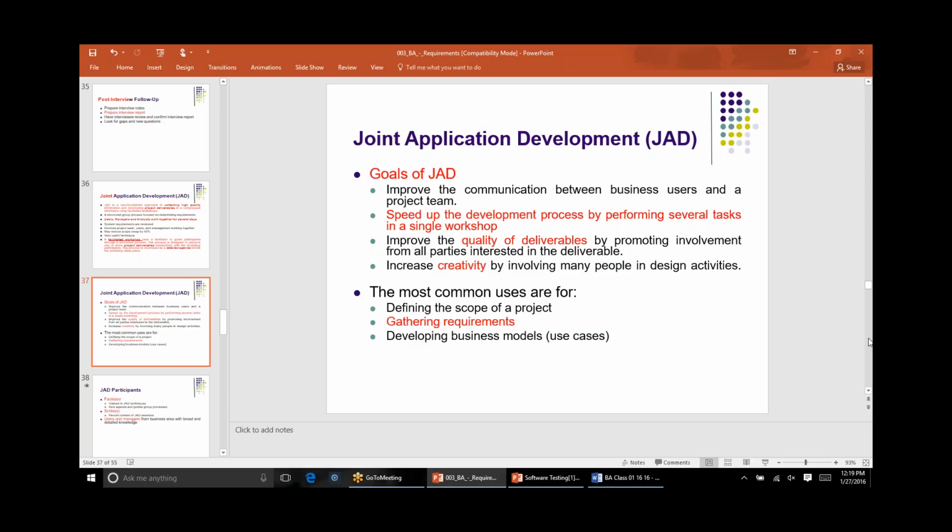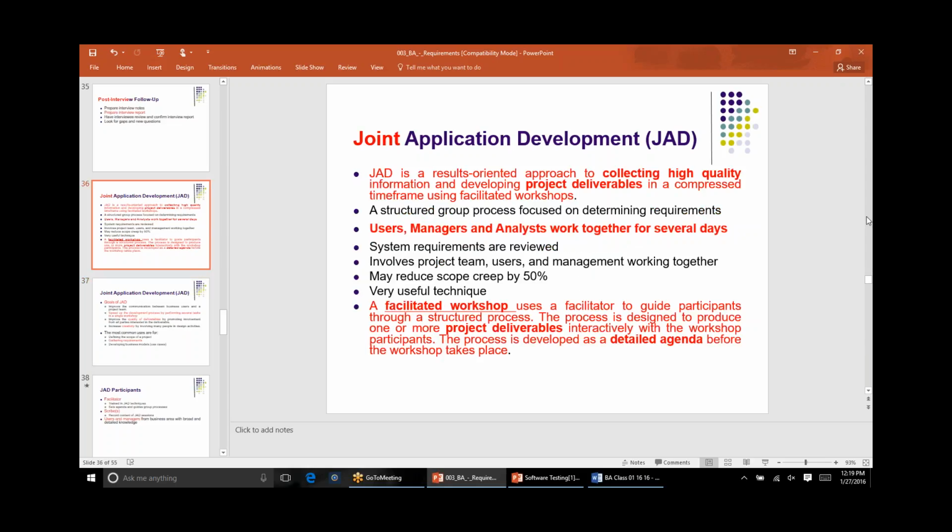When we talk about implementation of SAP and other complex software applications, joint application development is very commonly used, and a workshop is nothing but a formal meeting.